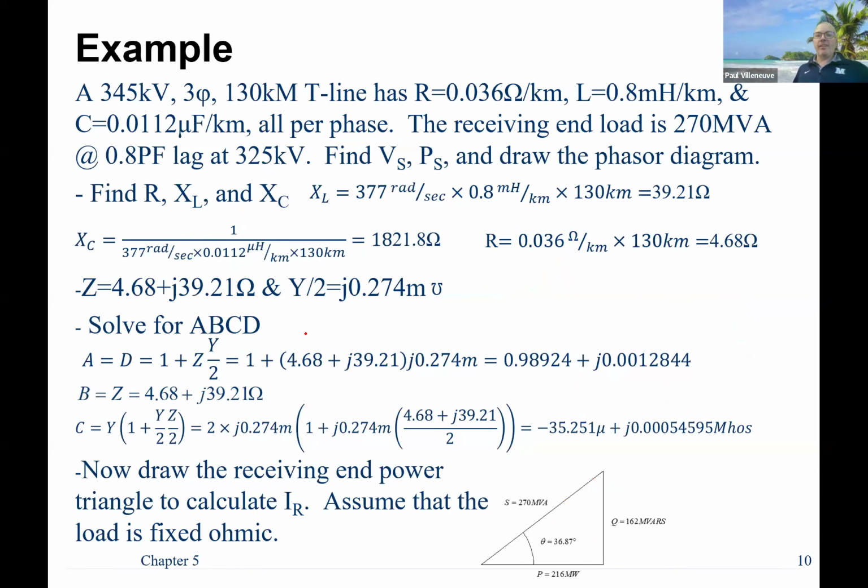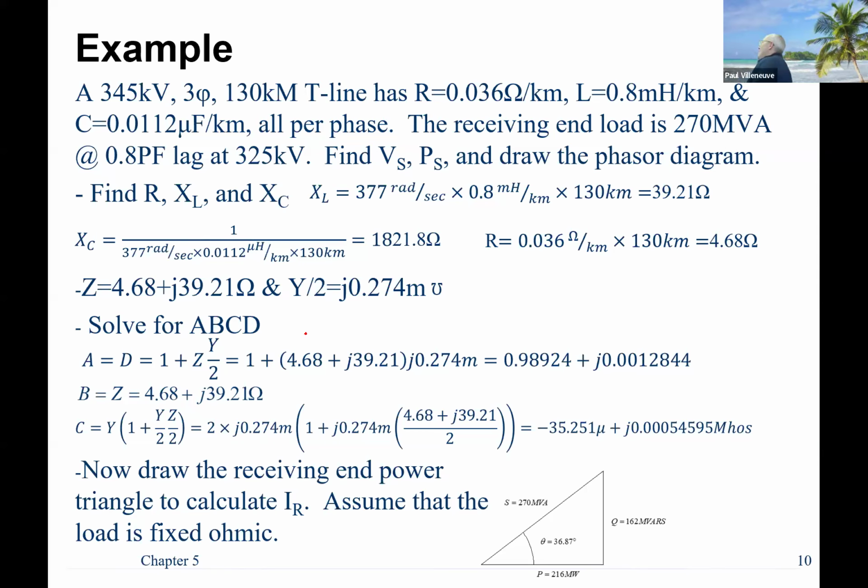All right, this is a really busy figure, but don't worry about it. I put a lot of information here, and I've got a MATLAB script file that works this one out. So we have a 345 kV, three-phase, 130 kilometer transmission line. So start thinking about what parameters you want to use. You have R equals 0.036 ohms per kilometer. Inductance is 0.8 millihenry per kilometer.